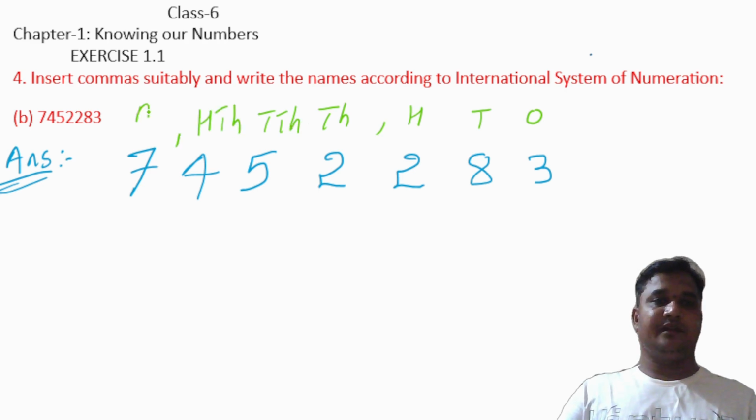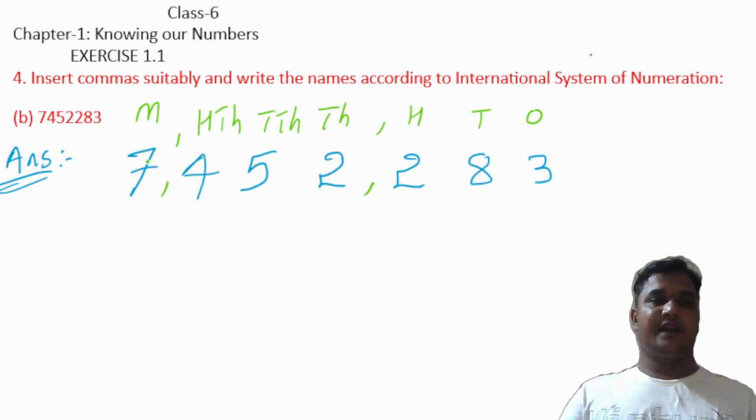Then million, it will be continued: million, 10 million, 100 million. Now according to this we'll place the commas in the given question. After 3 digits, 283, here we will place the comma, and then the thousand place, that is also 3 digits, 452, comma. Now we have placed the commas according to the international system.